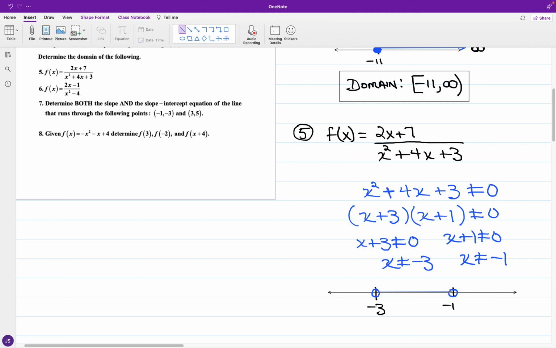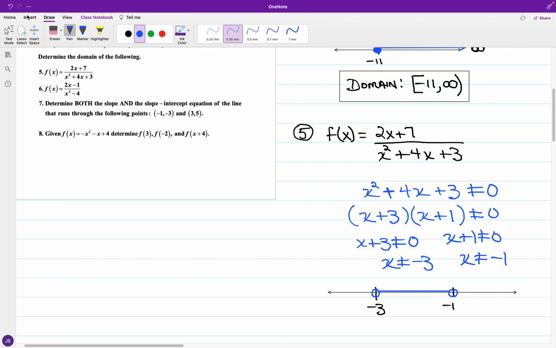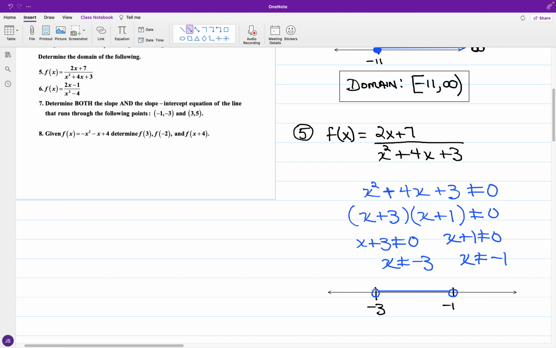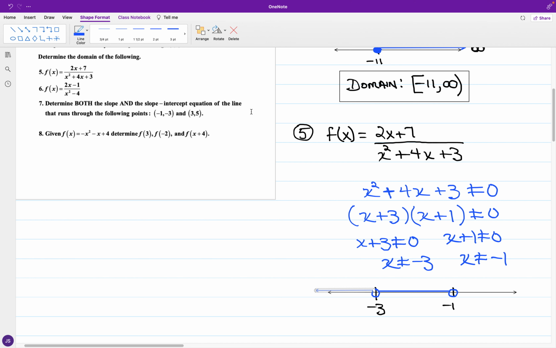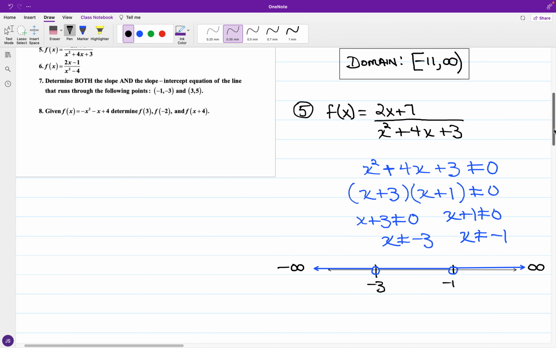But everything else, in between the values as well as outside of them, left and right, will be in the domain. So you have at the extreme ends, between -infinity and -3, then between -3 and -1, then those values going past -1 on out to infinity.